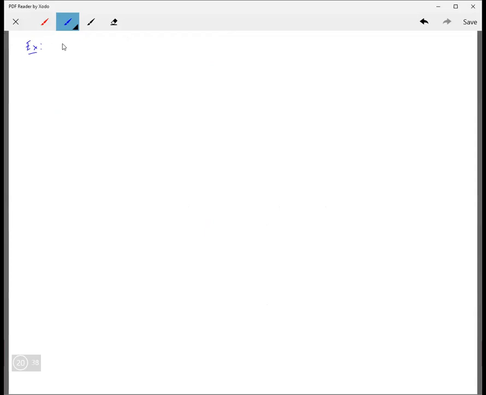Okay, so let's let f of z be this function: 1 over (z plus 1) squared times (z minus 2).